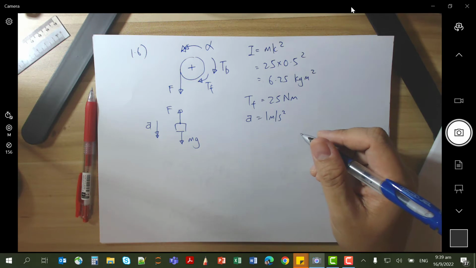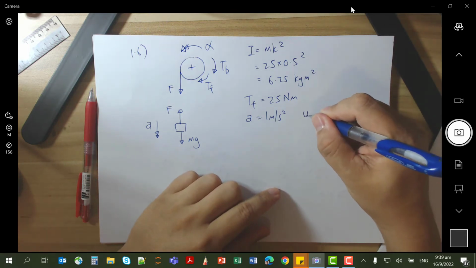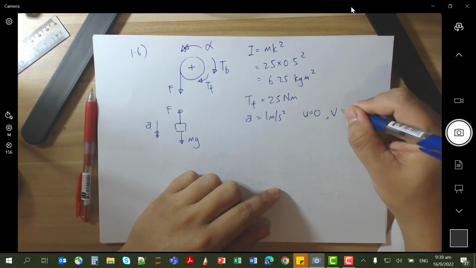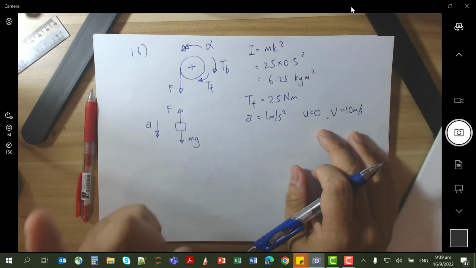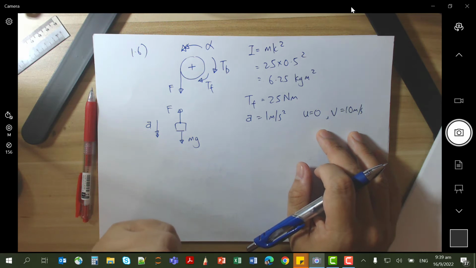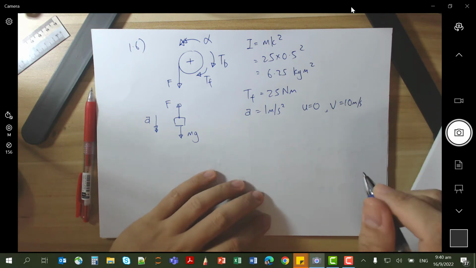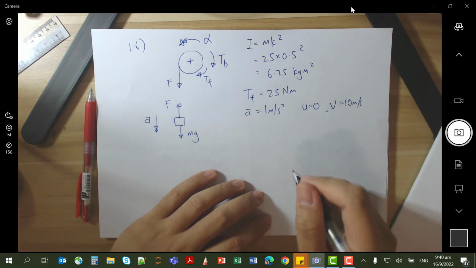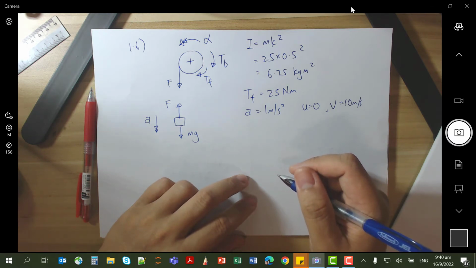So you have to read the question carefully to understand what kind of starting velocity and final velocity there is. It started from 0 and reaches 10 meters per second. Then it moves at a uniform velocity, and finally there is a deceleration. So in fact there are 3 stages, which we will see later, but now we can try to find out something else.